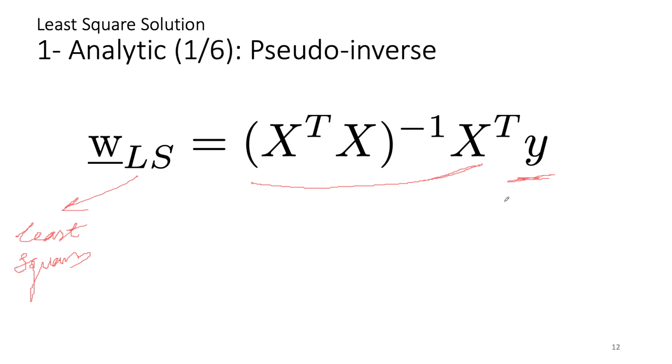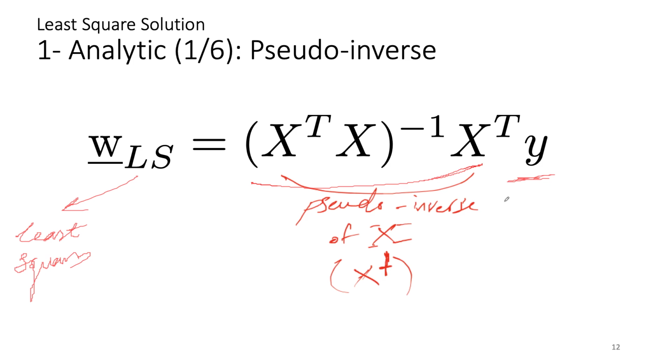So let's have a name for this. We call this a pseudo-inverse matrix of X, right? All those X transpose multiply X, all inverted, multiplied by X transpose. Normally in statistics they show that with a dagger, X dagger. So we call this X dagger, and that represents the pseudo-inverse.